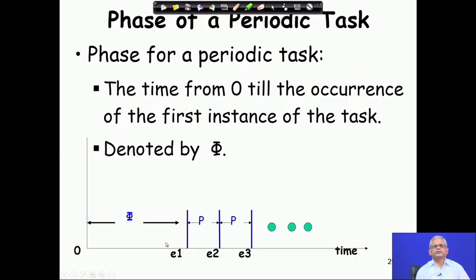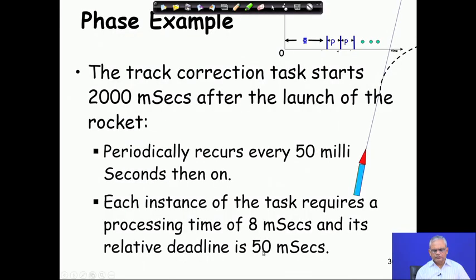Just to give an example to make this point clear, we will take the example of a rocket. Once the rocket is fired, initially it goes on its own momentum for certain time, and then we do not have a track correction taking place. But after some time, the trajectory correction task starts.